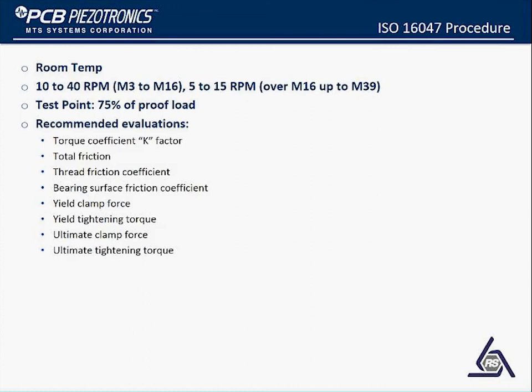The recommended evaluations are very similar to the DIN standard. A torque coefficient, K factor, total friction, thread friction coefficients, yield clamp, yield tightening, ultimate values as well. So very similar to the DIN standard.